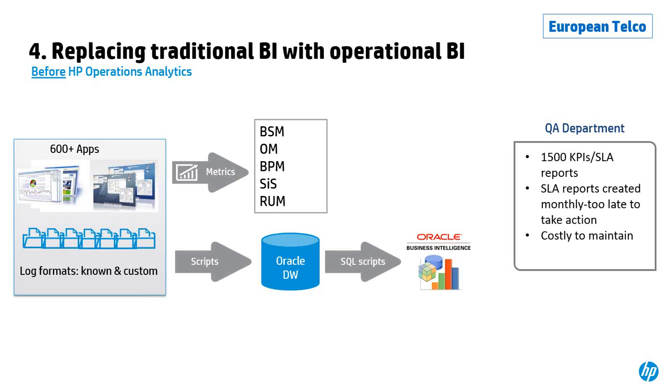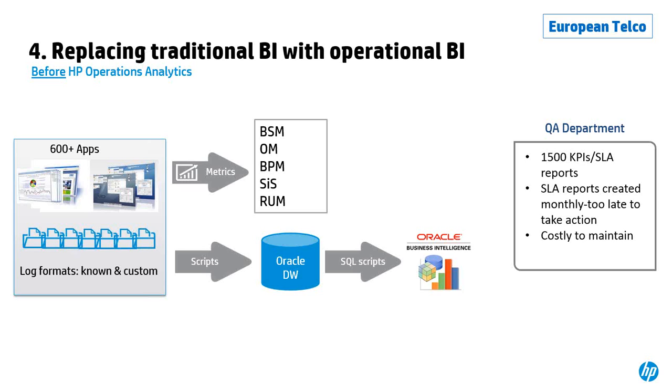They were trying to use the system to generate reports to get better insights into their over 600 applications, to see how they were doing. And they were generating these reports on a monthly basis. So it's definitely too late to really take action on.